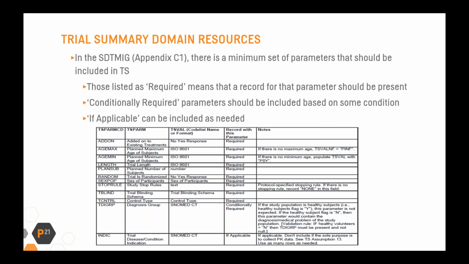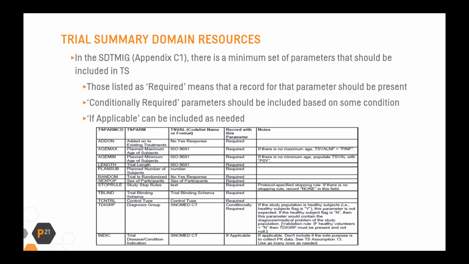So there's lots of different resources that will help a sponsor or implementer create this domain. Most notably, we start with the SDTMIG. In the SDTMIG, there's an Appendix C1 that lists the minimum set of parameters that should be included in TS. We have different conditionality or core for specific parameters that are listed in this appendix.